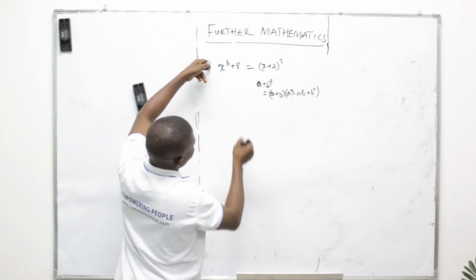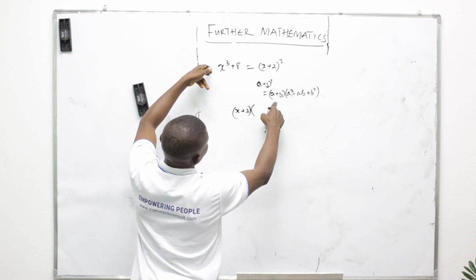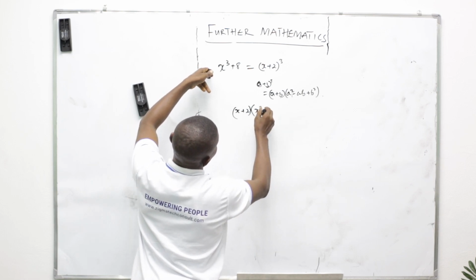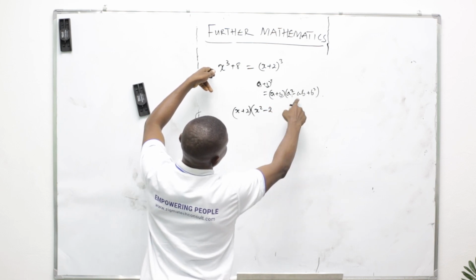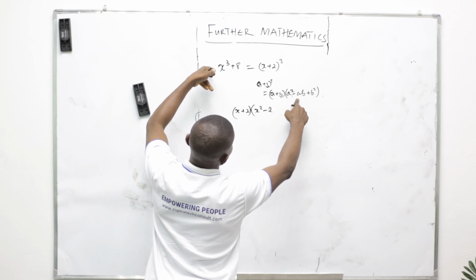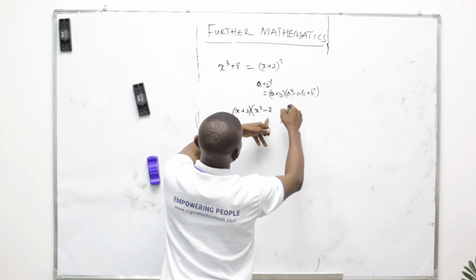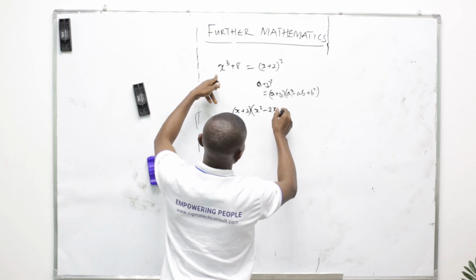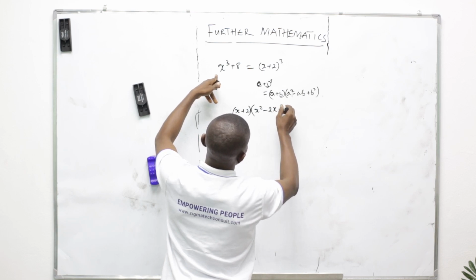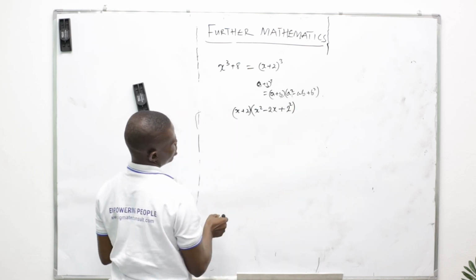So the same thing applies here: s plus 2 into a, the first one, s squared, minus ab, that's minus 2 into x, plus 2 squared.